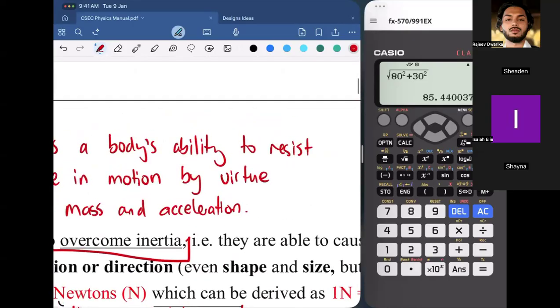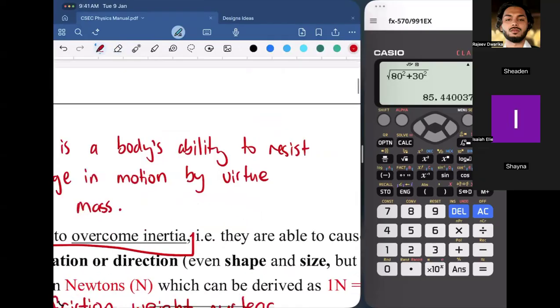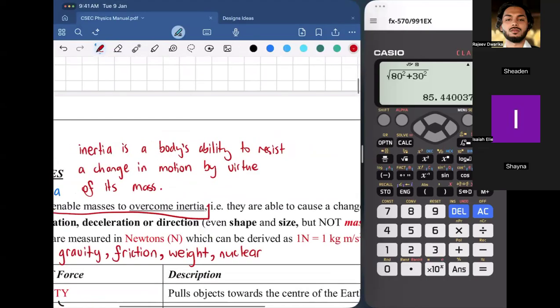You could remove acceleration from the definition. That's not 100% correct. So just leave mass, because not all the time will a body possess acceleration. But all of us could agree that a body will always possess mass. Just by existing, don't you have mass?